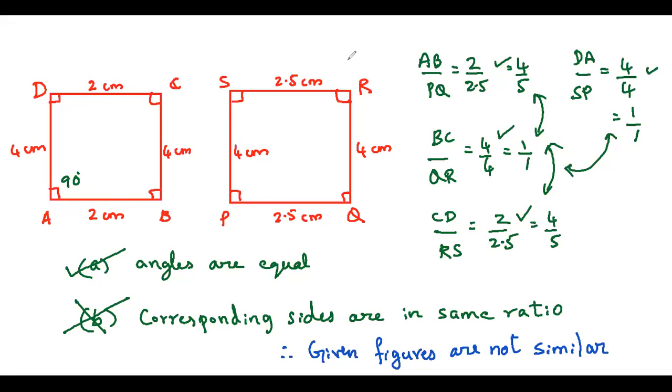They are not congruent because shape is same, size is not equal. Understood?